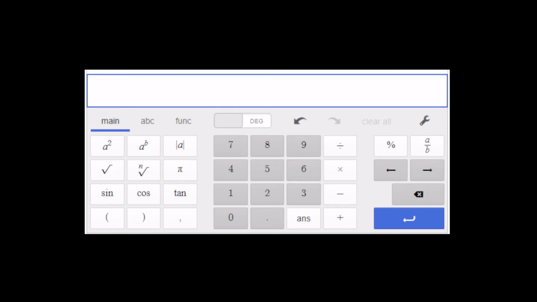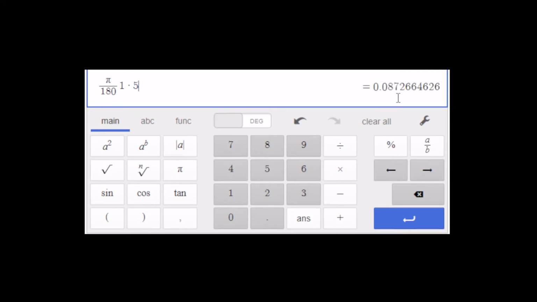In order to work out the arc length at an angle of 5 degrees, we take the value of pi, we divide this by 180, we then multiply it by the radius. Let's say in this instance the radius is just a value of 1. And then we multiply it by the angle, which in this instance is 5 degrees.